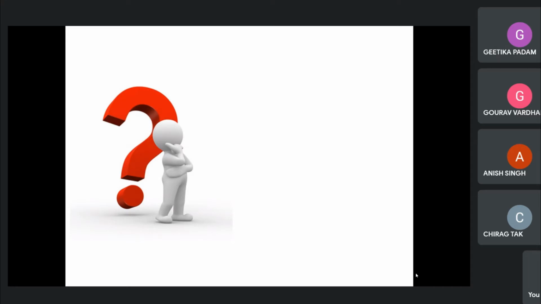So several questions come to your mind when you encounter a new problem for the first time. But in my opinion, the first question is feasibility, whether it is going to happen or not. That is the first question to be answered: whether it is possible or not possible. That is what I say, feasibility or spontaneity.